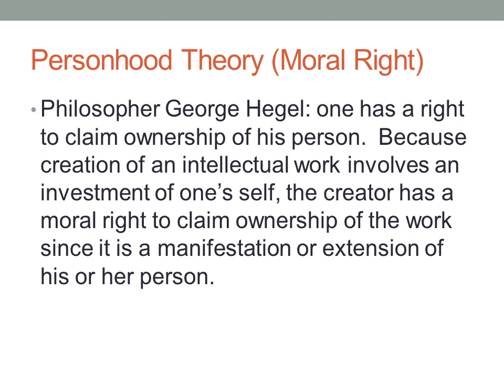Since property embodies the person, the product of intellectual effort is the extension of the inventor's or creator's person. So because intellectual property works are considered to be an extension of the person, inventors and creators should be able to retain control over the use of works through property rights.